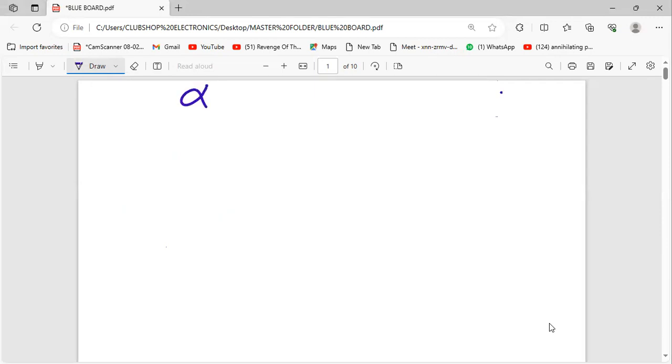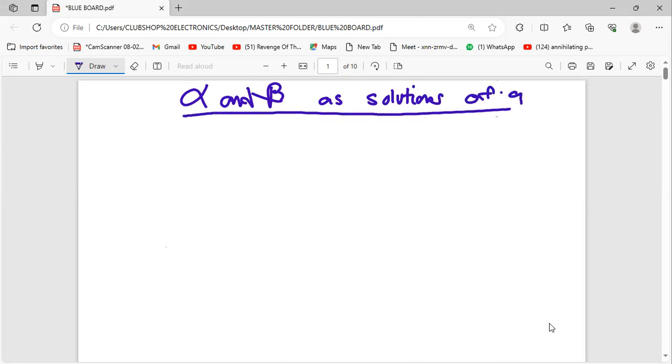So alpha and beta are the roots of a quadratic equation.